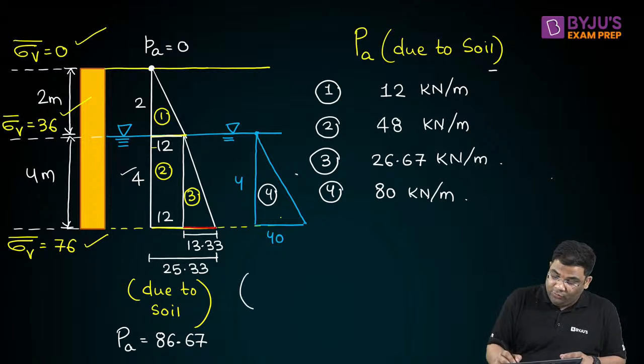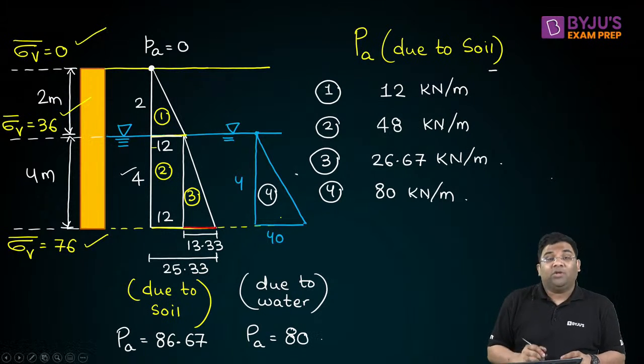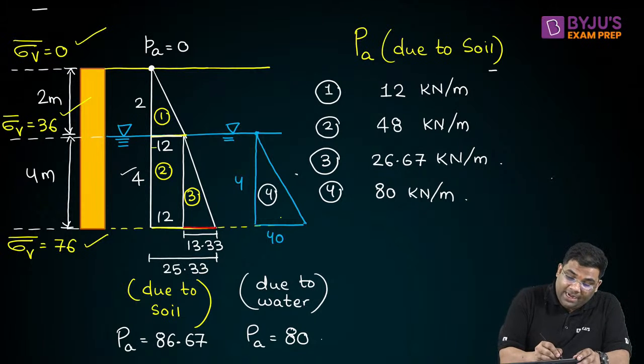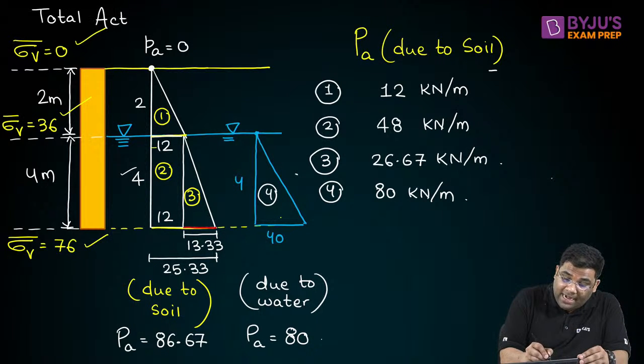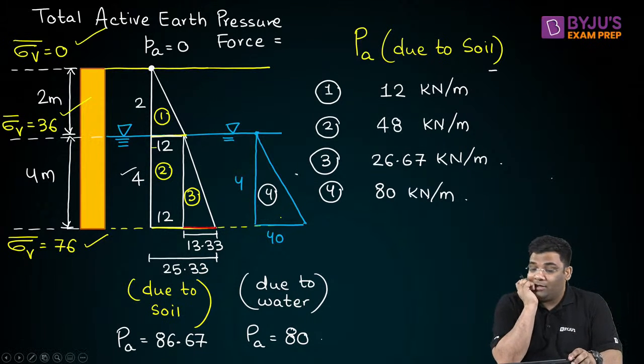So due to water, and as I told, never multiply Ka with the water pressure. So here the total active force is 80. If I ask you the total active earth pressure force, it will be equal to how much?